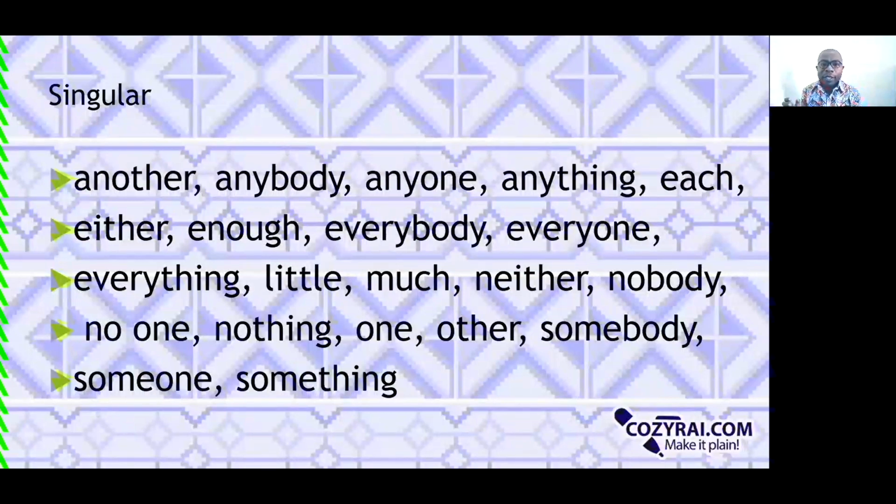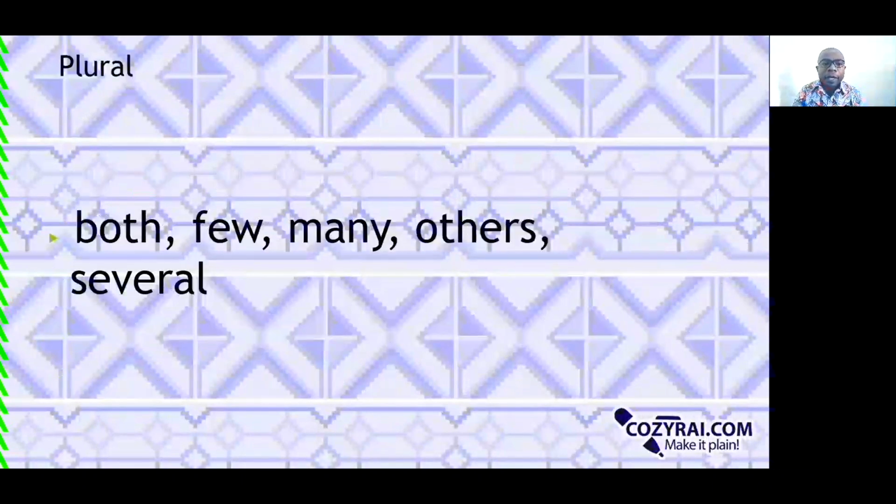All these indefinite pronouns are always singular. Then we have these ones that are always plural: both, few, many, others, several. So when you see these ones, the verb automatically will be plural. When you see the previous ones, then the verb will automatically be singular.